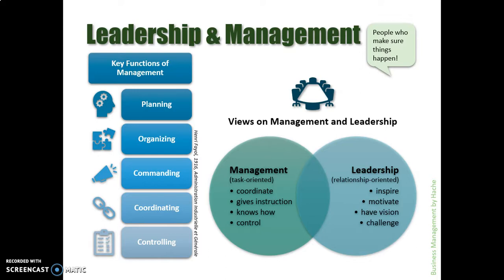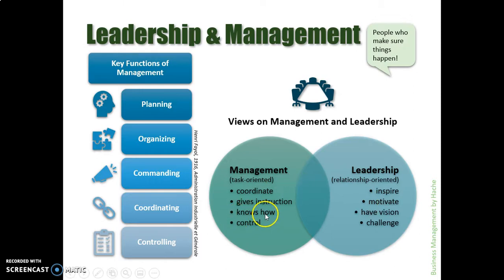So look at these two sides. While management coordinates, as it is shown here, while management decides where everything goes, when everything happens, leadership is about moving people forward to do that. While management seems to be about giving instructions, telling specific steps to people, leadership is about moving people, motivating people, giving people a reason to follow those instructions.